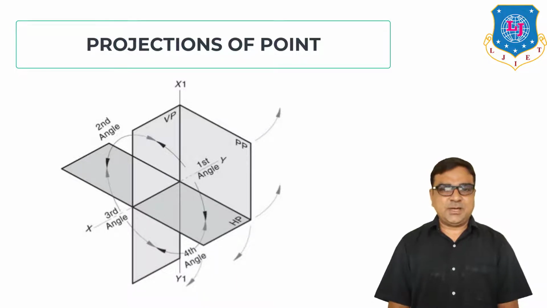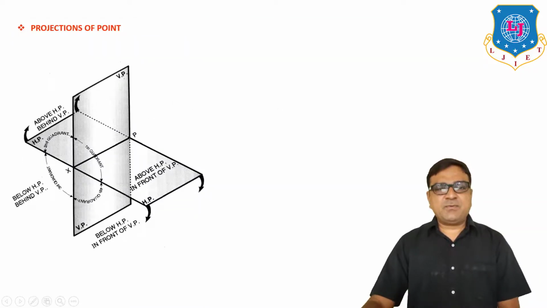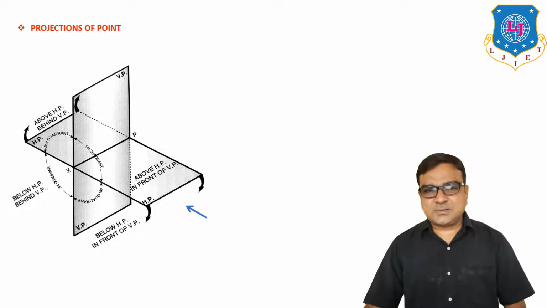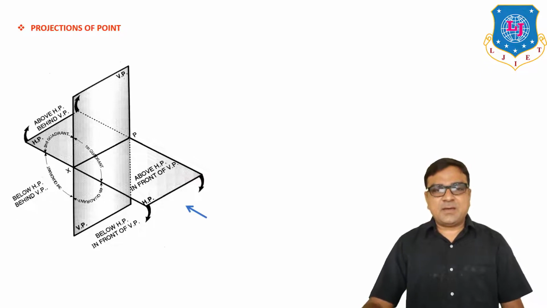point. As shown in the figure, this is a quadrant system. We have four quadrants formed by two horizontal planes and two vertical planes. From this arrow direction, when you look at the quadrant system, the space above HP and in front of VP is known as first quadrant.